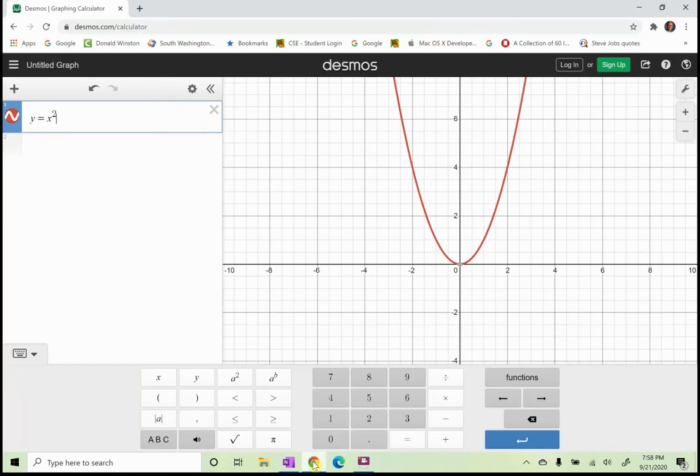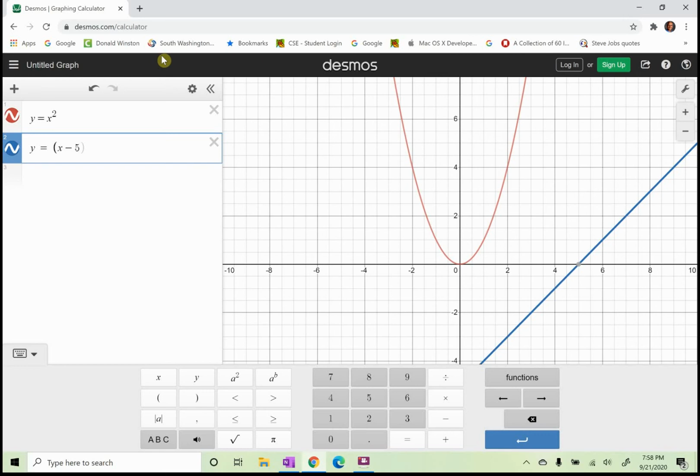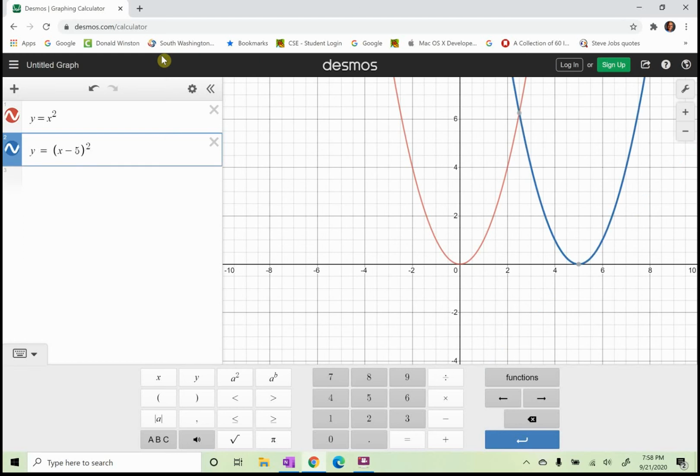If I go back out to Desmos, I'll show you. So y equals x minus 5, and I use a shortcut: the caret key for the exponent. Okay, so there it is. You see that the graph did go 5 units to the right.